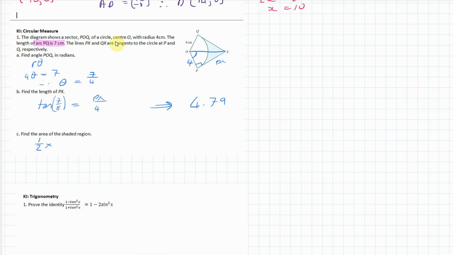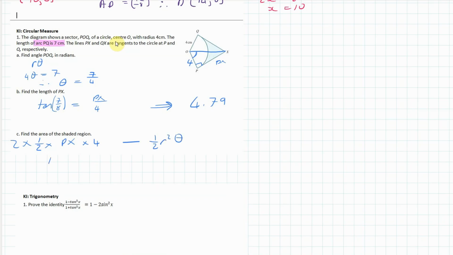It's the PX. So you probably want to save the unrounded number there. And we want 2 of these. So 2 times half PX times 4, half base times height. And then we're going to subtract the area of the sector, which is half r squared theta.